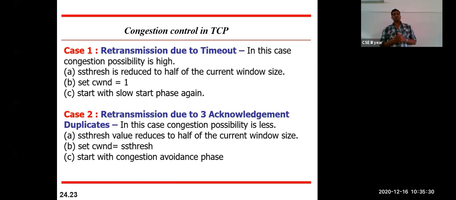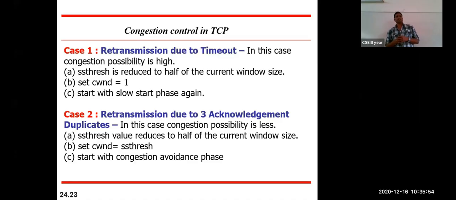3 steps now. I am talking about an algorithm, the implementation of congestion control in TCP. And I'm now talking about the third phase, the multiplicative decrement phase. In that, if retransmission happens due to timeout, what should the sender do? 3 steps. First step, SS threshold. What is SS threshold? The slow start phase threshold level.